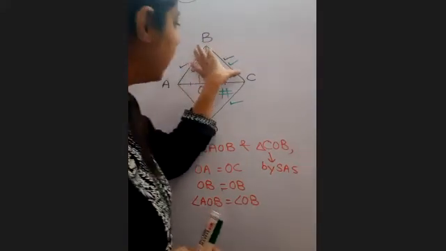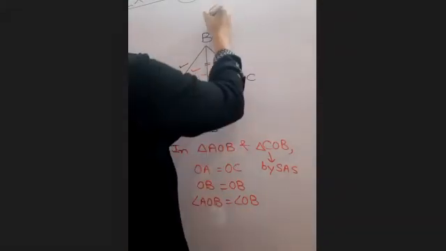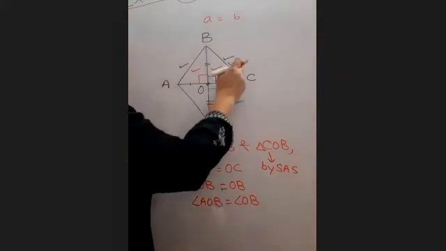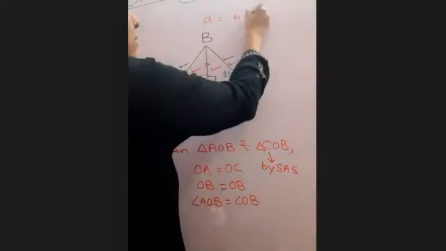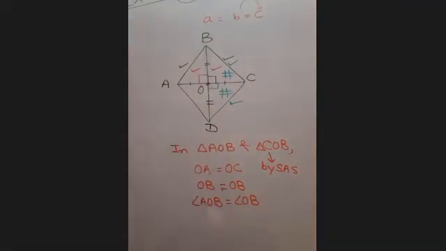Now we have shown that BC is equal to CD. That is, initially we showed, let us say this was small a and this was b, a is equal to b. Now we are showing that b is equal to c. So what is the conclusion? Will all three be equal? Yes.